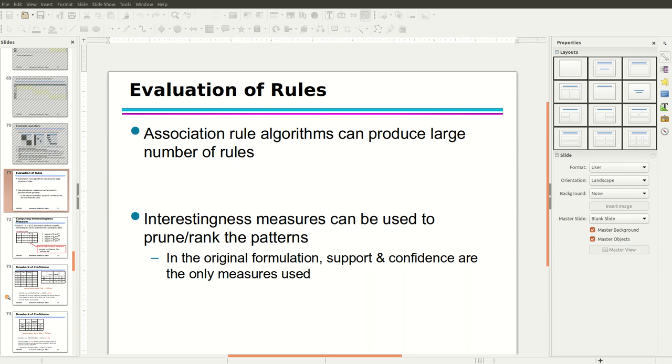So what about confidence? We have confidence, but will that not be sufficient? I'll give you an example case where this may have an issue. We have customers and those are transactions. It is tea, coffee. Customer 1 did not have tea but had coffee. Customer 2 had tea but no coffee. You can look at these as transactions.